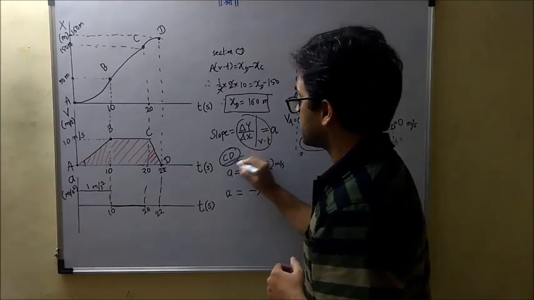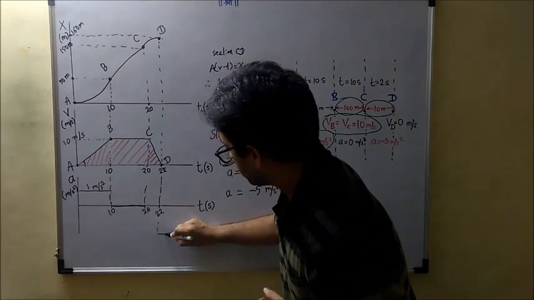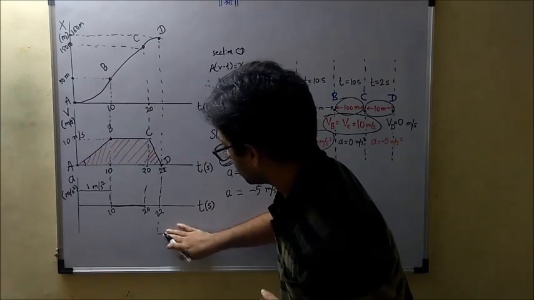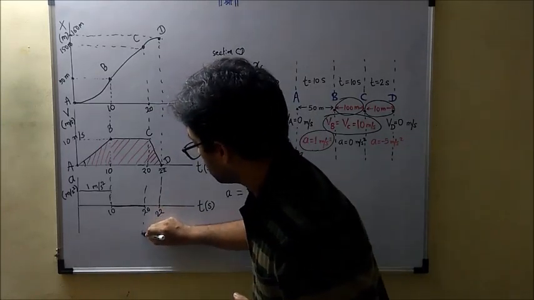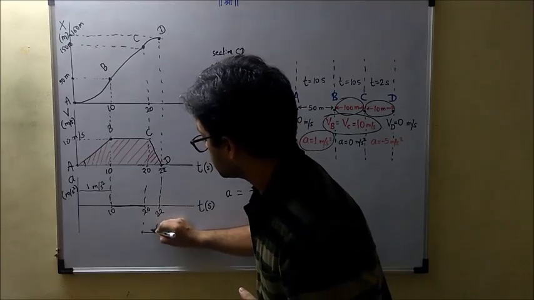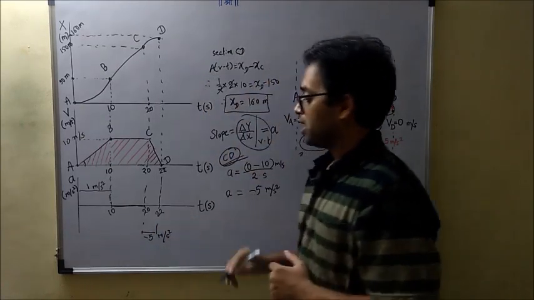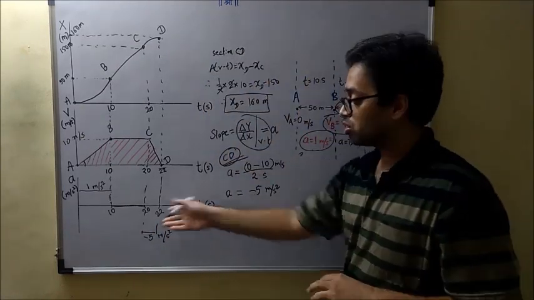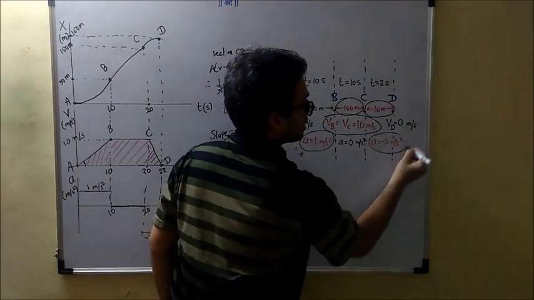Acceleration in CD section. So minus 5 would go somewhere over here. Oh sorry, we should draw it between 20 and 22. So it should go somewhere here, right? This is your minus 5 meters per second square acceleration, basically deceleration, because it is negative acceleration. Look at what we had got using our kinematics.